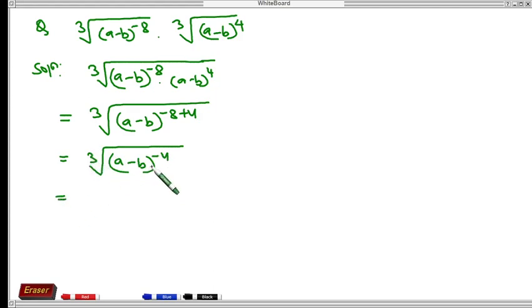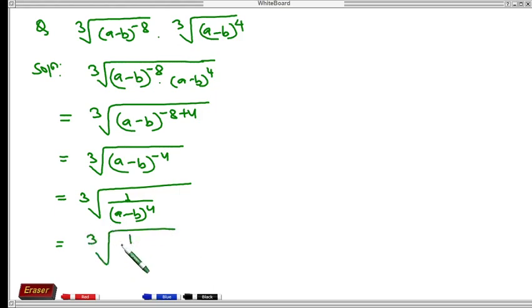Since the order is 3, we need at least 3 powers, so we can express this as 1 over (a minus b) to the power 4. Then it can be expressed as the cube root of 1 over (a minus b) to the power 3 times (a minus b).